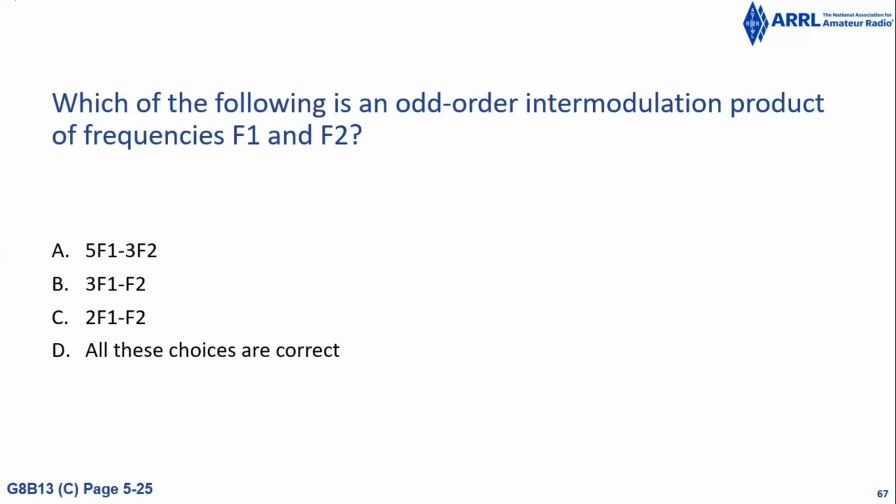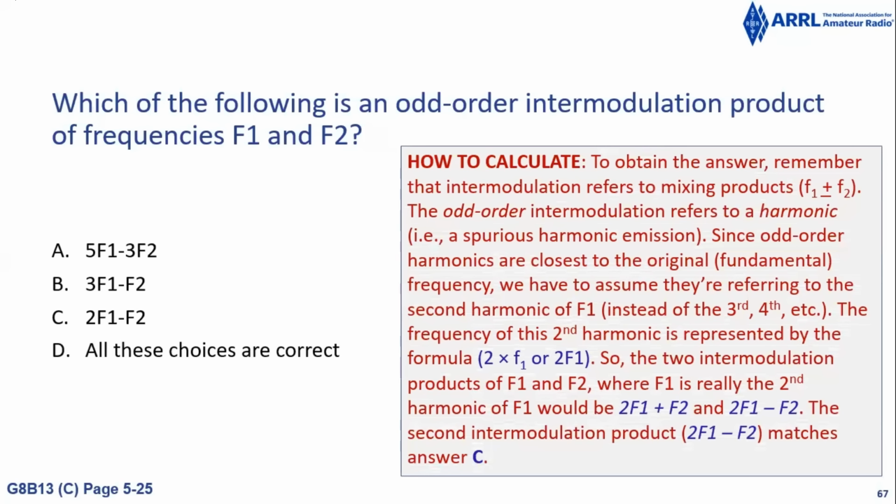Yeah, 2 times the fundamental minus F2 gives you that one. So here's how you calculate it. Remember, intermodulation refers to mixing products. The odd order intermodulation products are the closest, referring to the second harmonic of F1, the frequency of the second harmonic, 2F1. Answer C, that's correct.